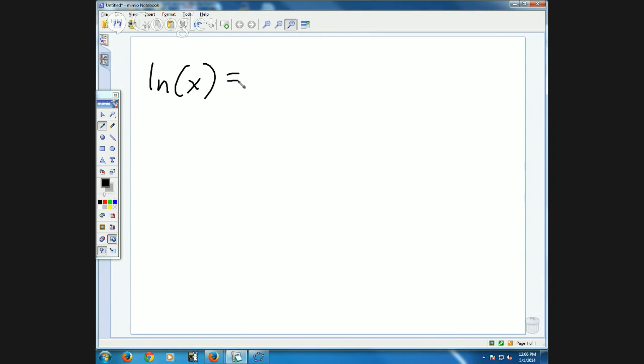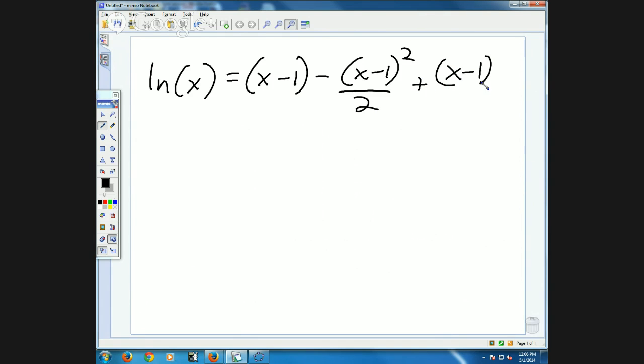We found the natural log of x was equal to x minus 1, minus (x minus 1) squared over 2, plus (x minus 1) cubed over 3, right? We got a pattern going on here. (x minus 1) to the 4th over 4, dot, dot, dot. It keeps going like that forever and ever.